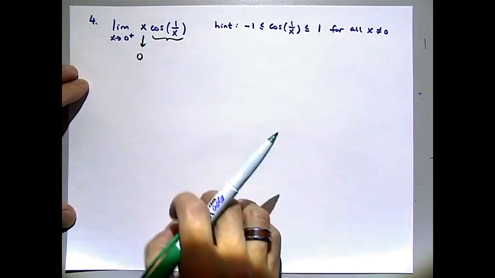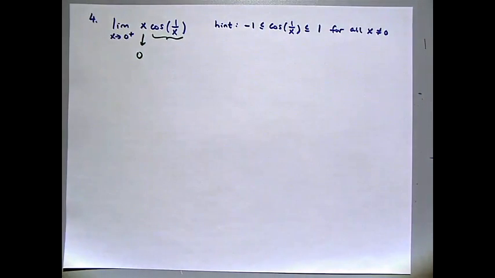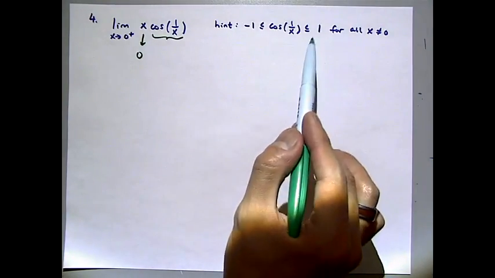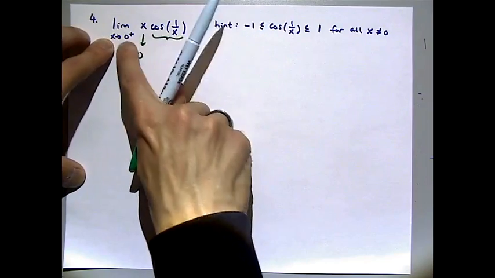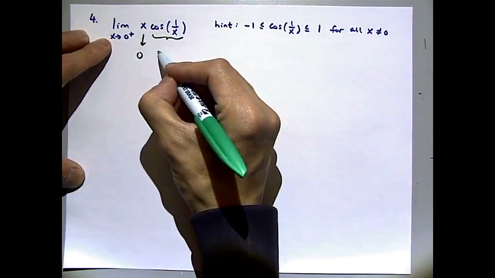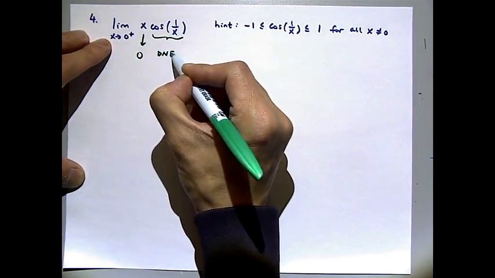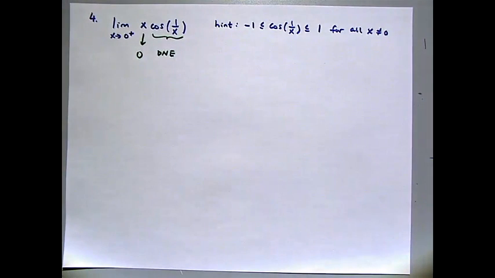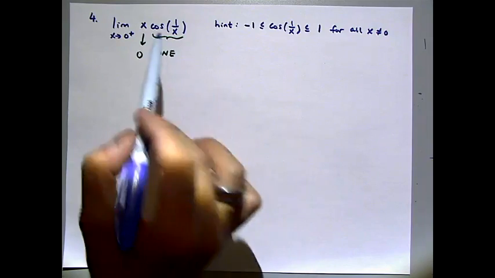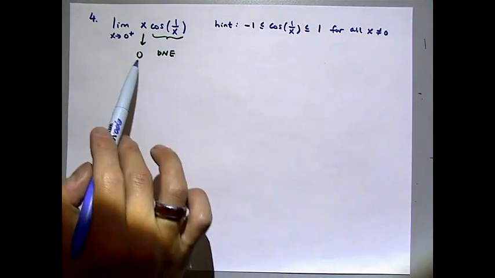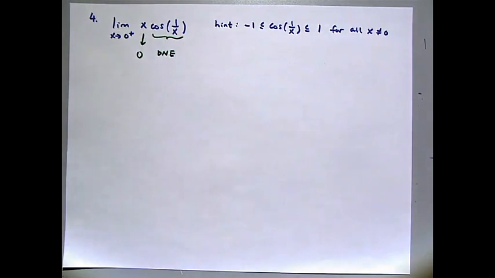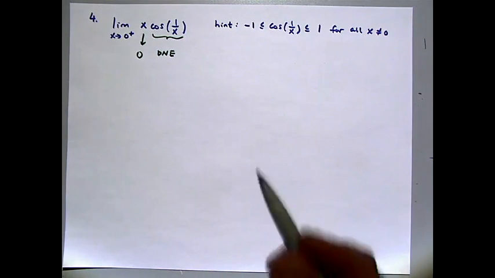But cosine of any value always oscillates between -1 and 1. So cosine of 1 over x by itself, as x goes to 0, actually doesn't have a limit. And therefore, upon first glance, it looks like there's no limit here, because the second part does not approach any particular number. The first one goes to 0, that's fine, but the second one doesn't really go to anything.